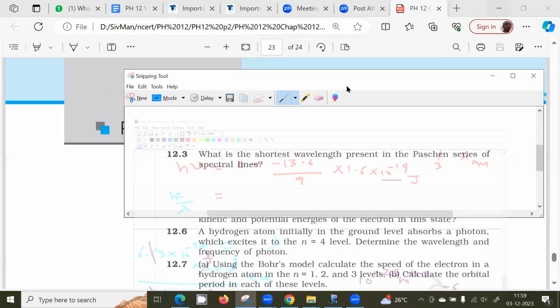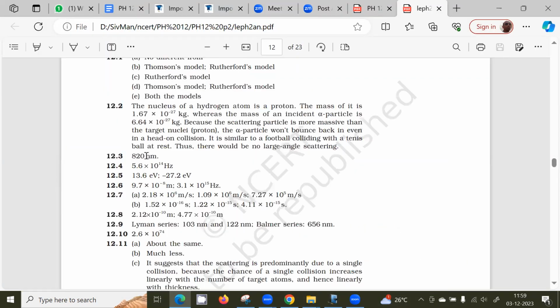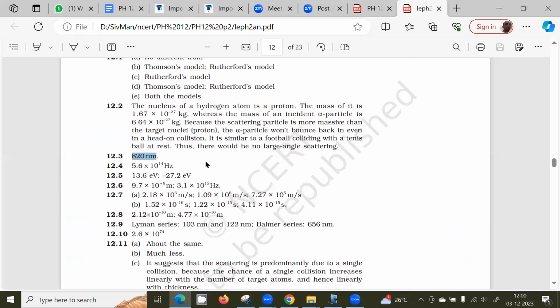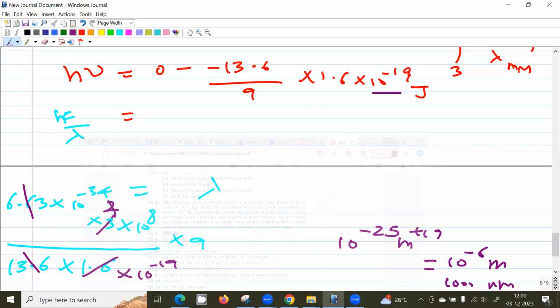Approximate value, so 12.3. 820 nanometer. So this in nanometer would be 10 raised to minus 9, right? So 1000 nanometer. Okay, the book gives 820. I did an approximation, so the order of magnitude is correct.